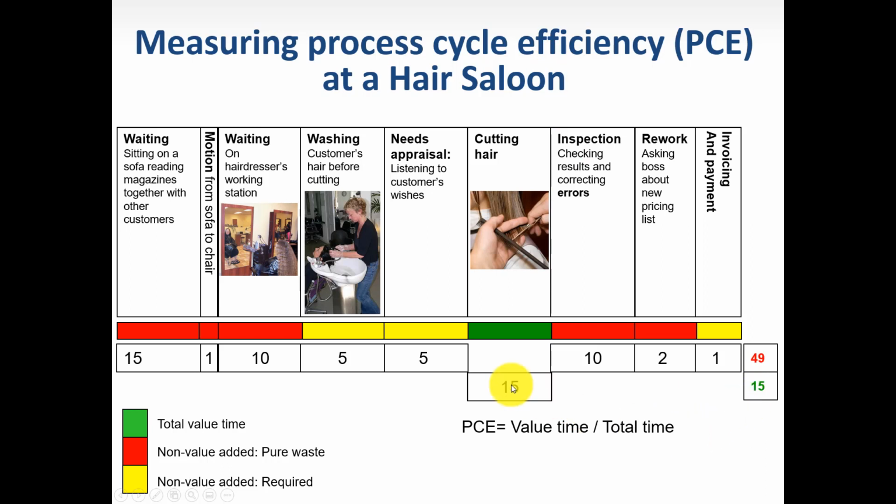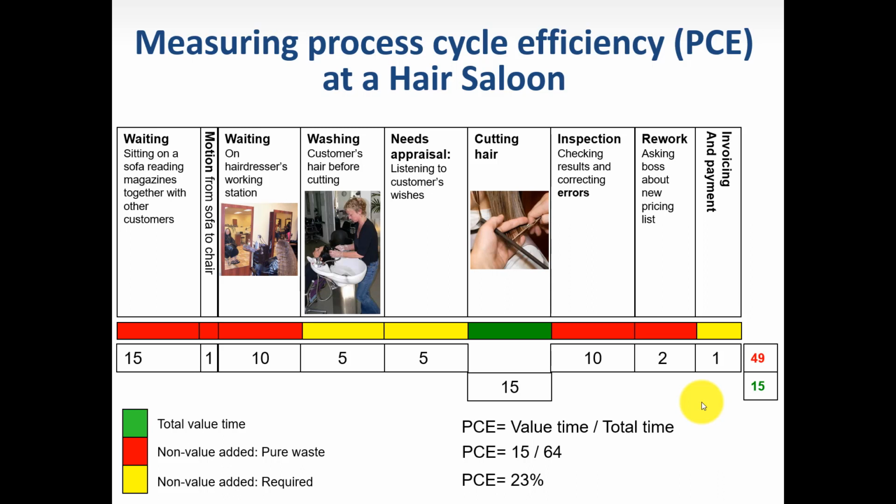And the total time means the complete lead time needed for a customer to flow in this system. That is the cycle. So 15 divided by 64 will lead us to 23%. So we can say that on average, of what is being done to a customer, only 23% can be considered value. The rest is non-value added.